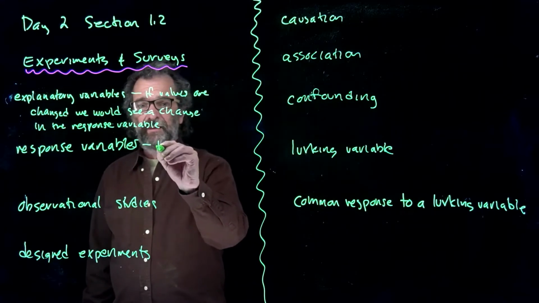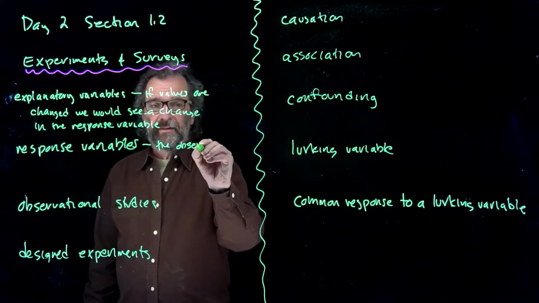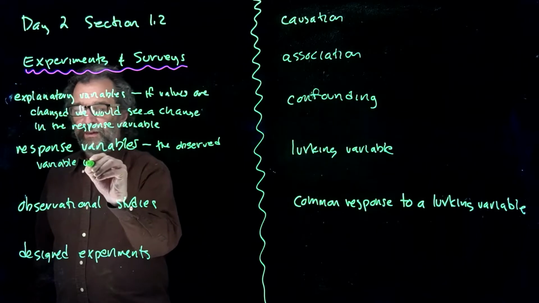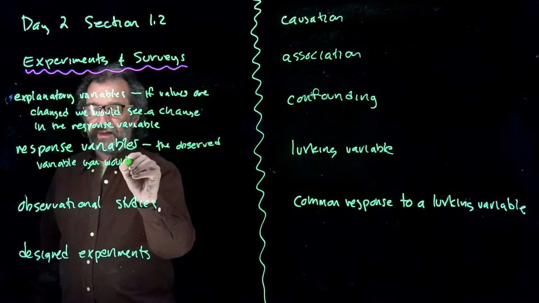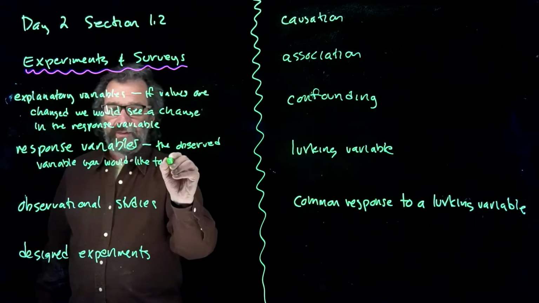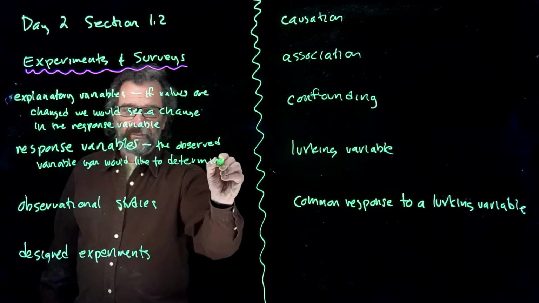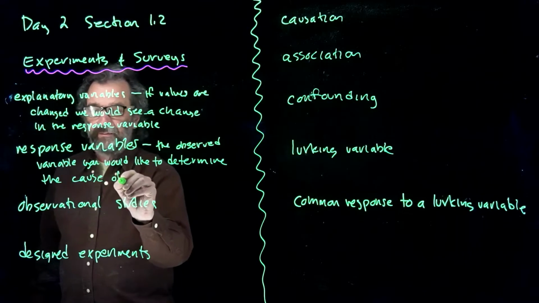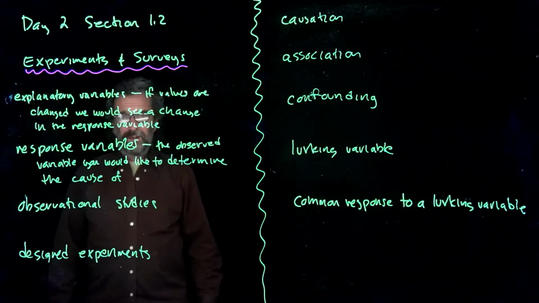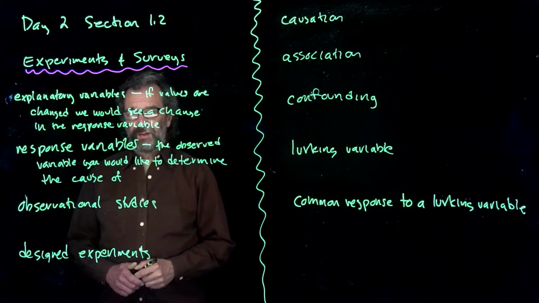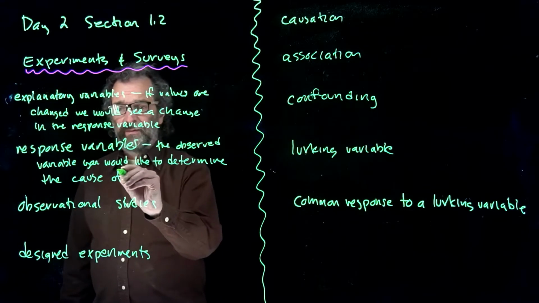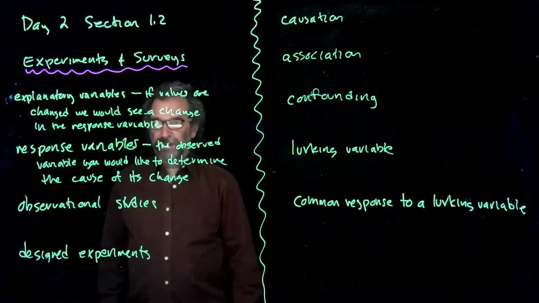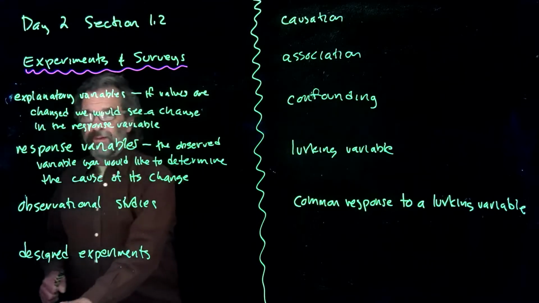So that's the observed variable you would like to determine the cause of its change. I guess maybe that makes more sense. Not English, but I guess we're okay. So we get explanatory variable.